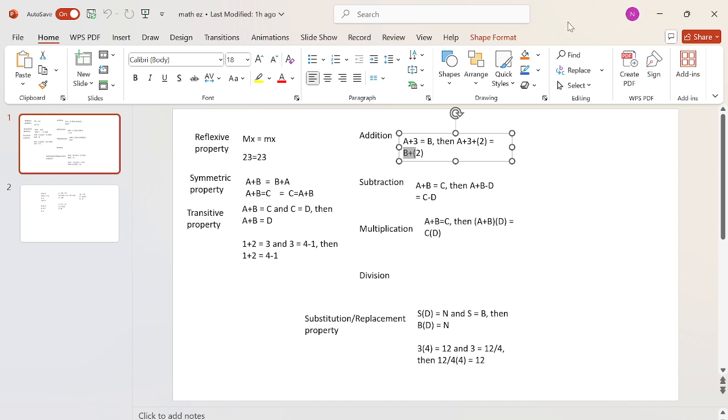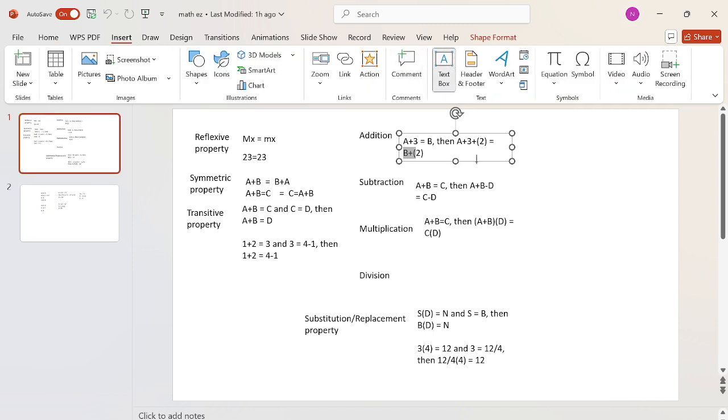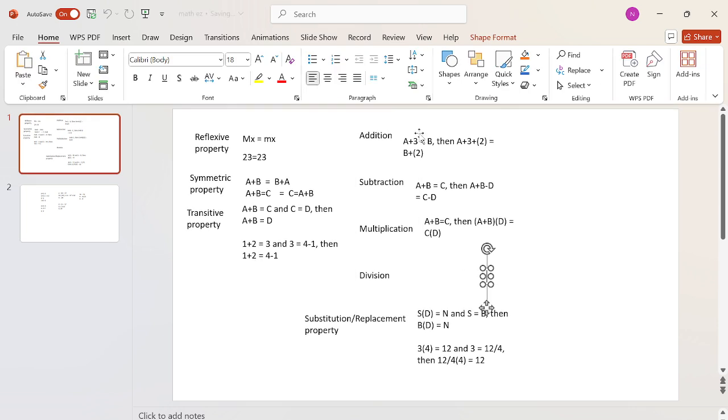Okay, so people in this chat, please give me an example of a division property. You divide. I know.